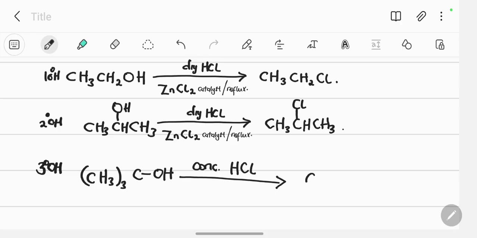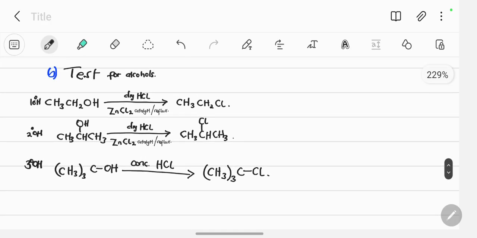It's going to give me direct CH3, I add in a 3 there, C chlorine. So that is what we observe there.